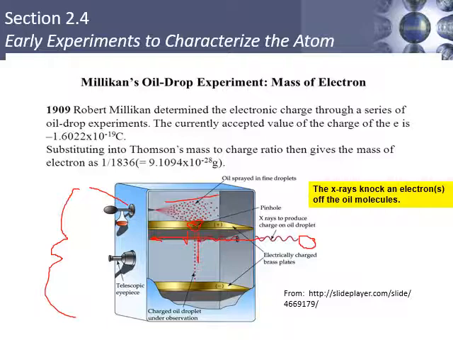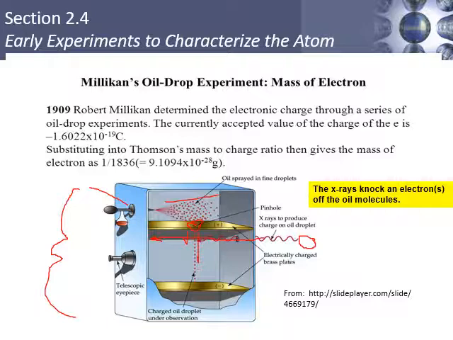What happens is actually the X-rays ionize the oil droplets one at a time. And in some cases, they might ionize it 2 or even 3 or 4 times. So every time an oil droplet comes through, it loses 1 or 2 or 3 or 4 or whatever number of electrons. So it becomes +1, +2, +3, +4.